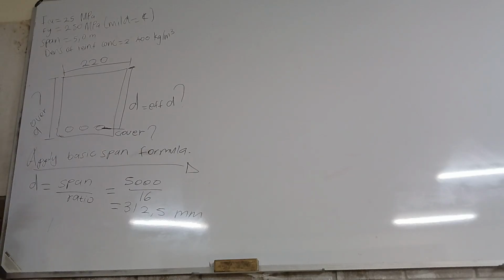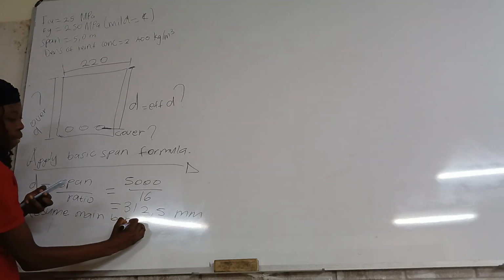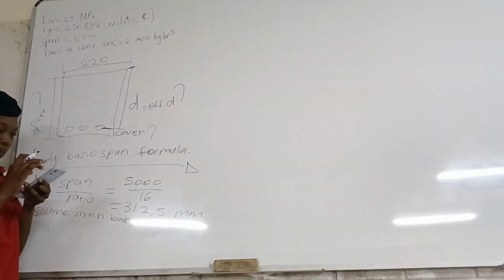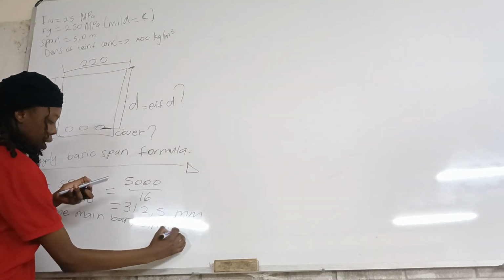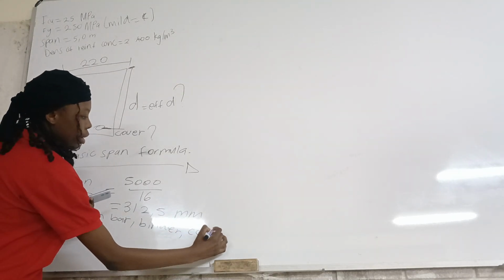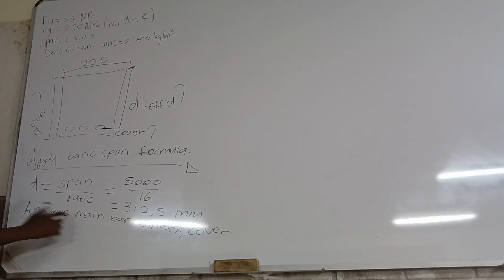For us to get the overall depth, we need to assume. We need to assume the main bar first, the binder, and the cover. Before we write the formula, what is the main bar that you assumed? 25.